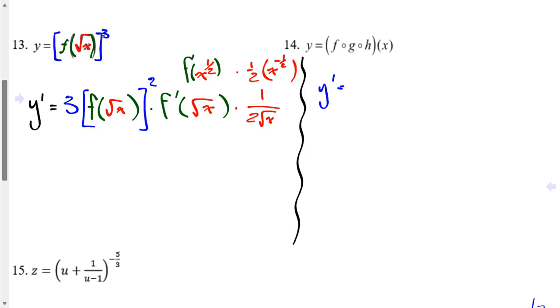Maybe before I do this, I should rewrite it in the other notation. So this is the same as f of g of h of x. So it's just like number 13.